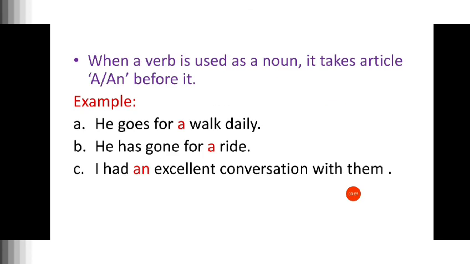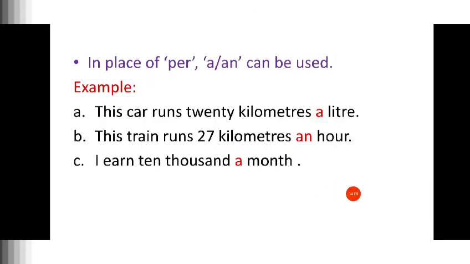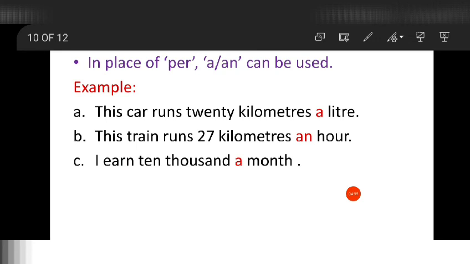Okay, so the next rule says, when a verb is used as a noun, it takes article a or an before it. Now we know what verbs are, right? Verbs are action words, doing words.